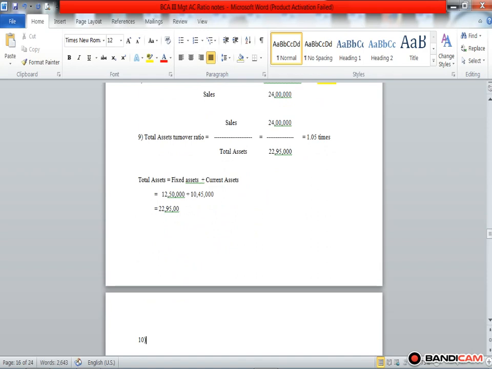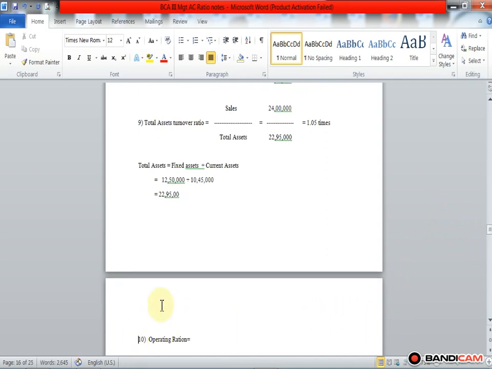The 10th ratio is the operating ratio. So operating ratio is equal to cost of goods sold, CGS, plus operating expenses.